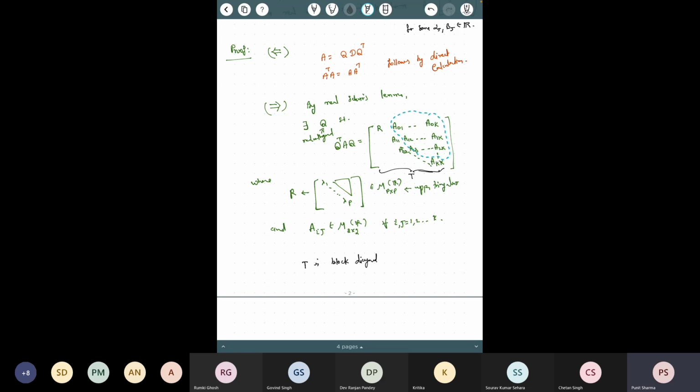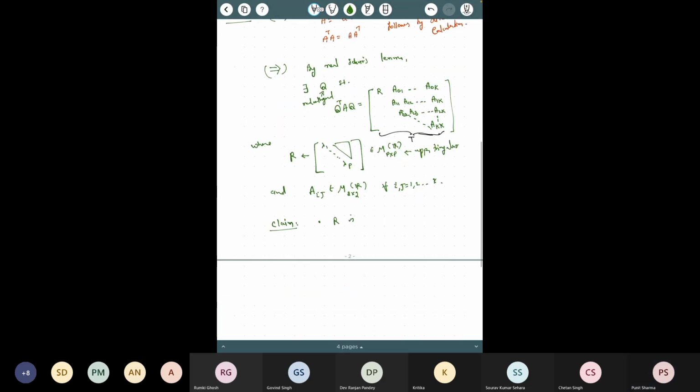Okay, so what would be my claim? In order to prove this result, my claim is to show first that this R is diagonal.